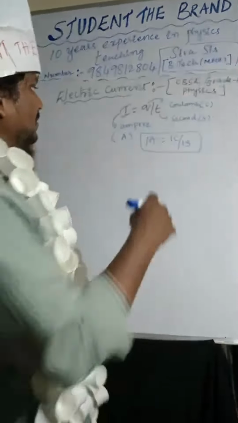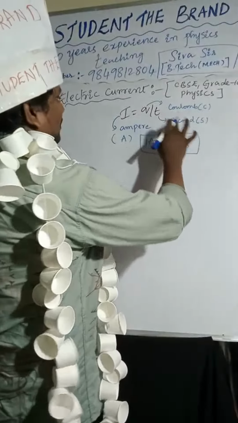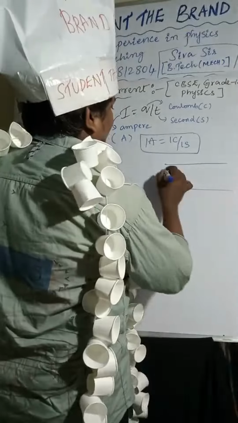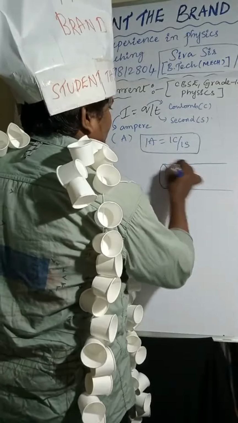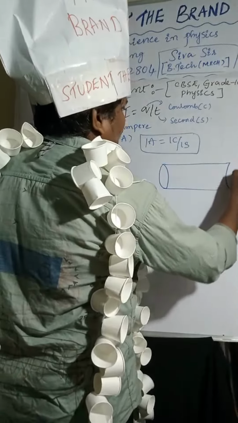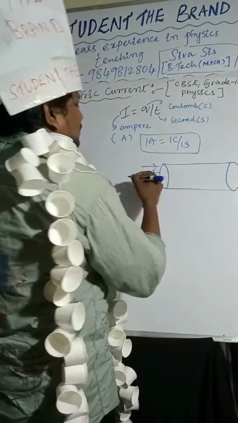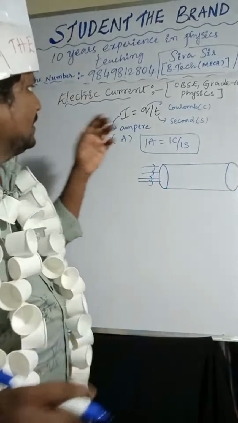Here, one ampere is defined as one coulomb of charge flowing through a unit cross section area. If the current is passing through this, it will pass like this.